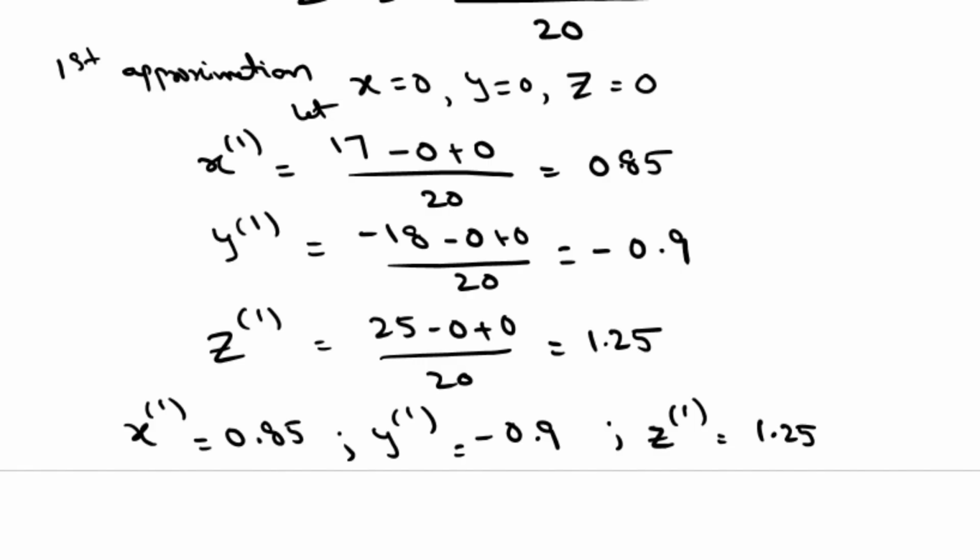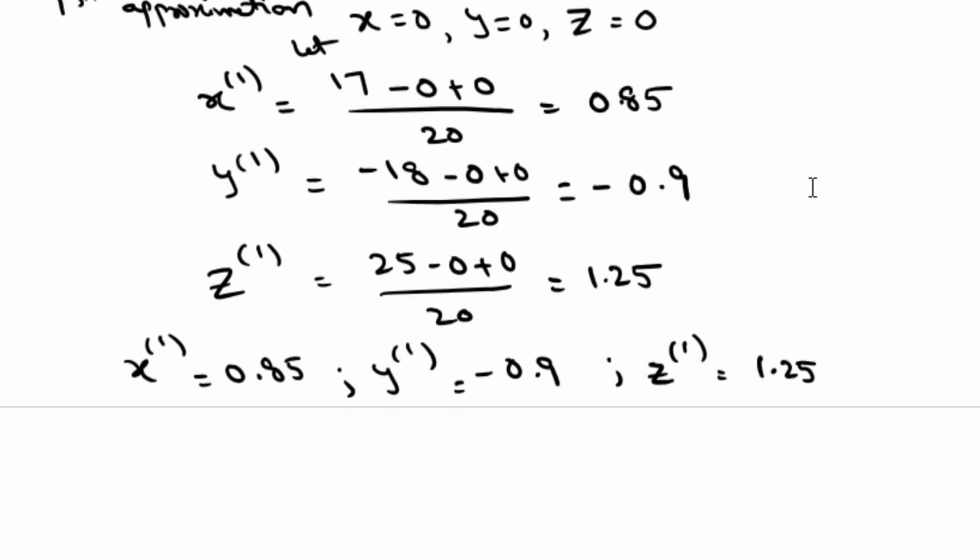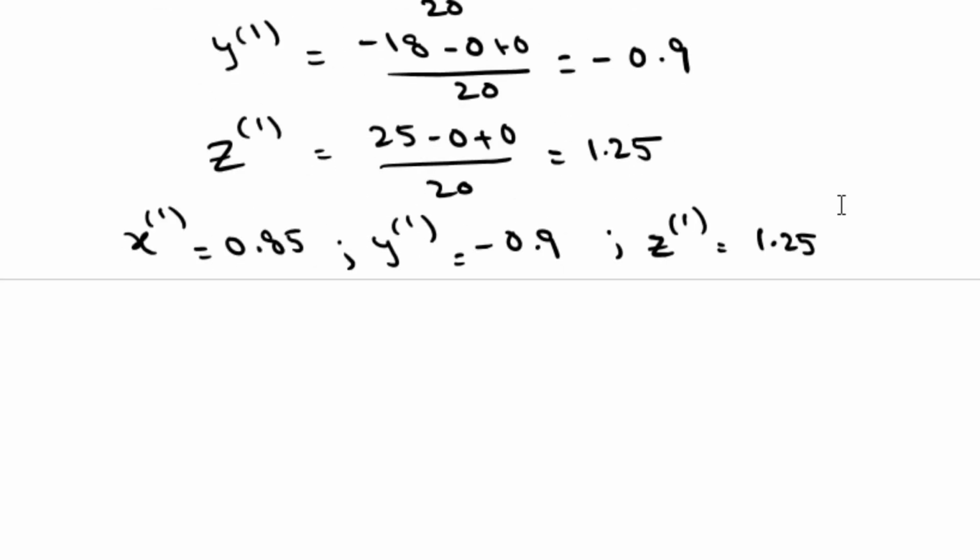Now in the second approximation, we will use the values of x, y, z in the first iteration.